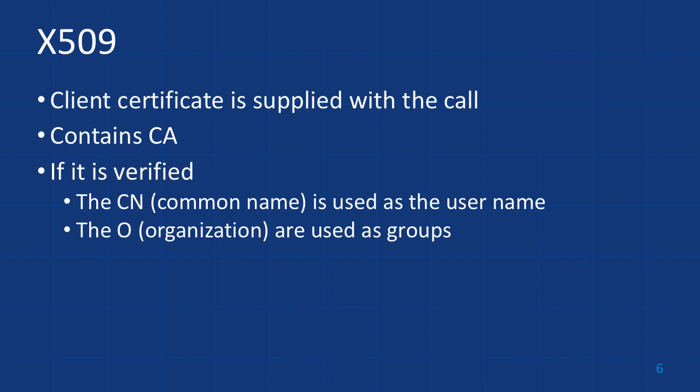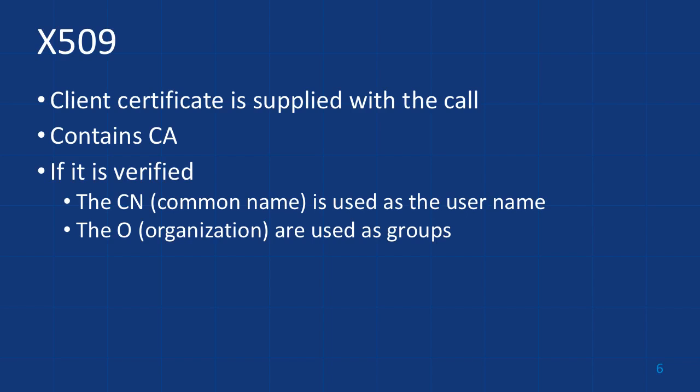As I mentioned, in our demo we're going to create an X509 certificate, put it in a Kubernetes config file for a new user, and allow that user to authenticate. Later on, when we start talking about RBAC, we'll give that user some permissions. The X509 certificate is supplied with the call, and it contains the certificate authority.